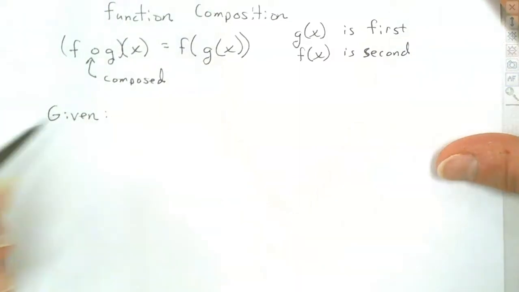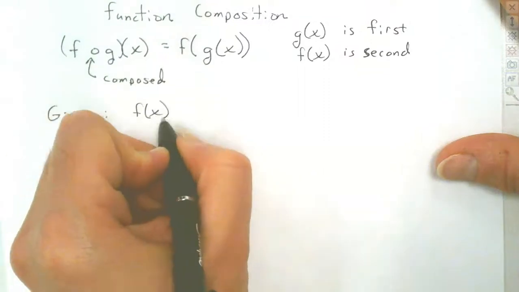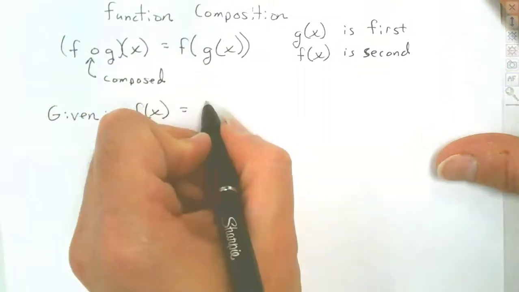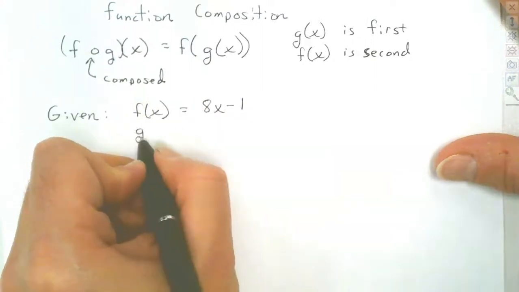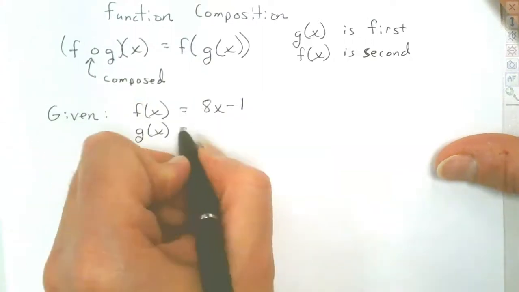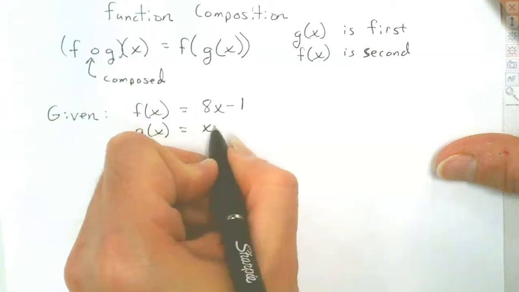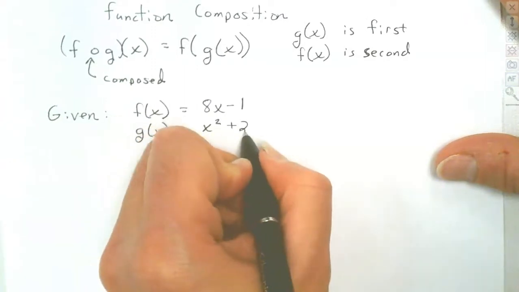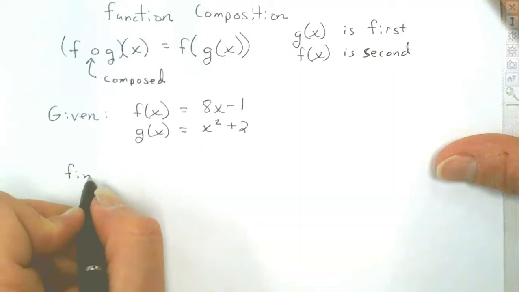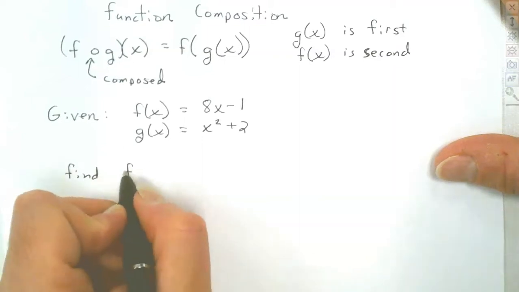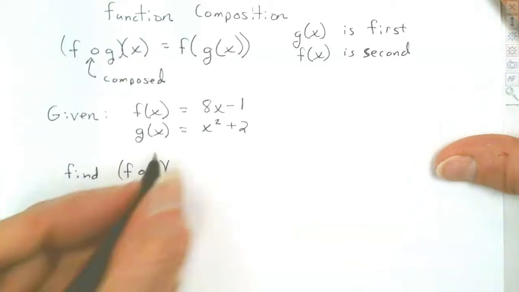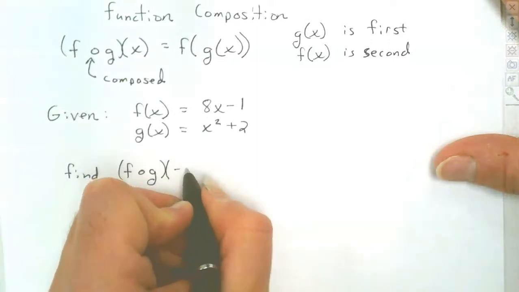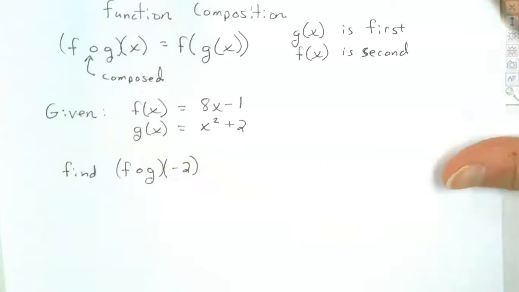Let's say you're given f of x is 8x minus 1, and g of x is x squared plus 2. I want you to find f composed with g of minus 2. So that is what I want you to find.